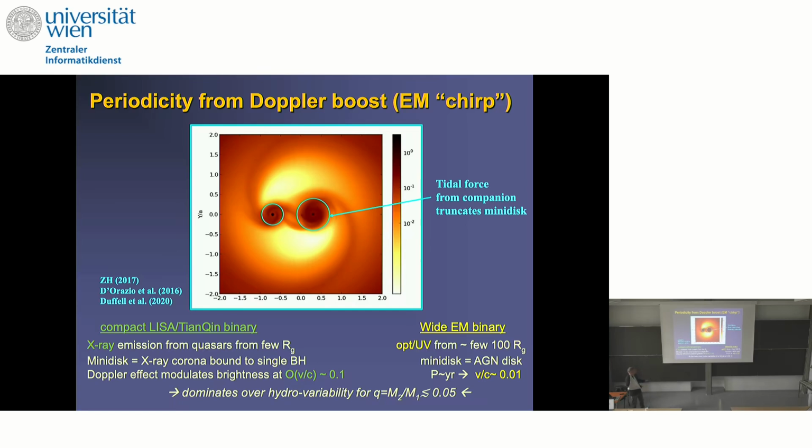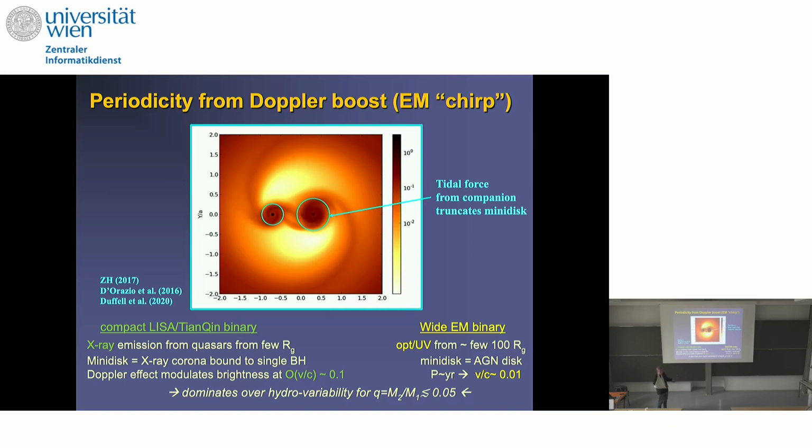So I just want to now go to numerics. If you're talking about a LISA binary, or well, let's start with this one. These are the binaries I just discussed. They're identified in optical UV surveys at the moment. They're candidates. The period is a year. The mass is 10 to the 9 solar masses. You can calculate the orbital velocity. It's of order 1% of the speed of light.